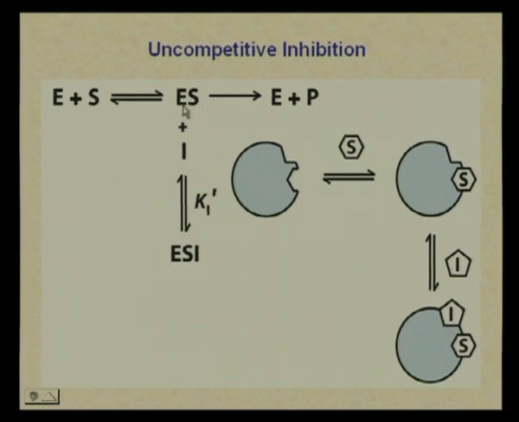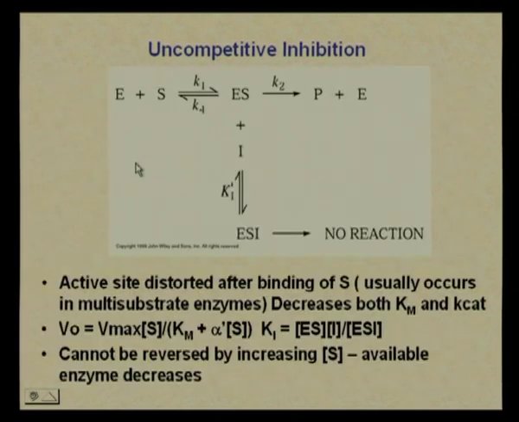But again, it is the enzyme substrate that is going to form the product. So, this is the basic difference between these. This ternary complex, the ESI, is not going to give us any reaction. The active site is distorted after binding of the substrate.